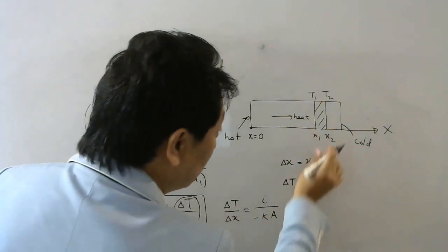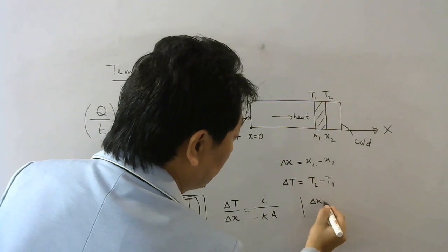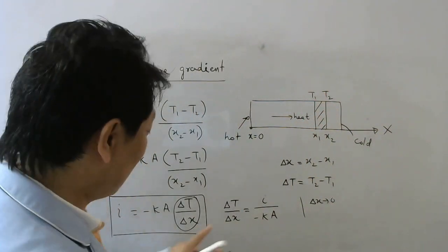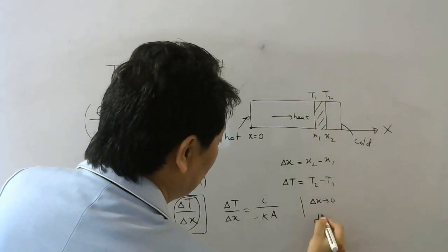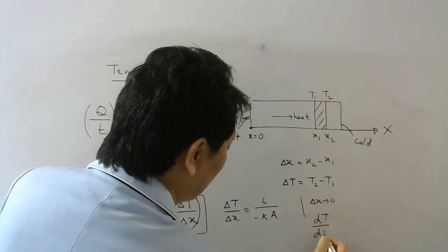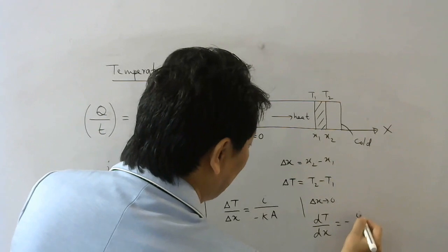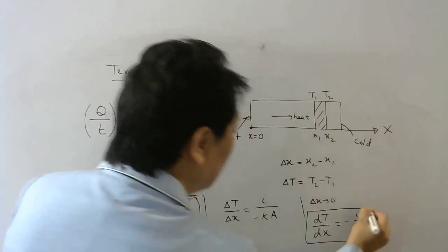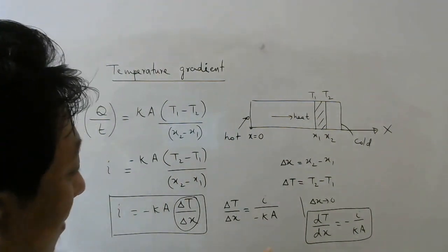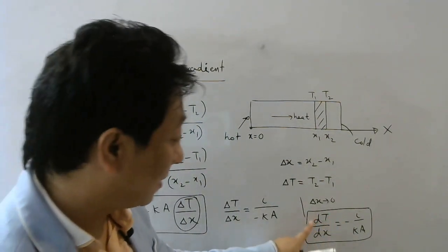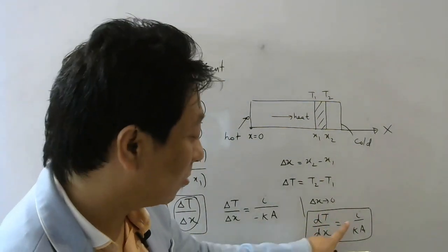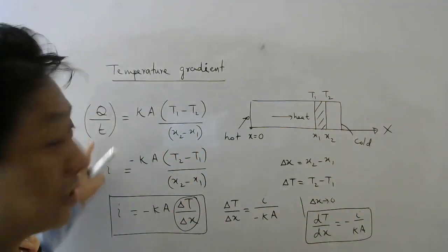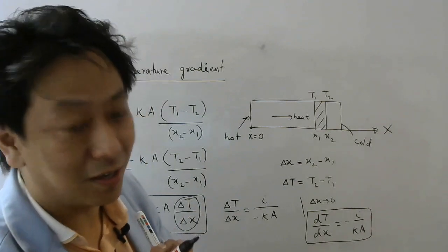Now if you consider this delta X tends to 0, meaning if you consider a very thin section, then this formula can be written as dT by dx is equal to minus I by Ka. So please remember, temperature gradient is given by the formula dT by dx, which is equal to minus I divided by Ka. I is your rate of flow of heat, which is constant.